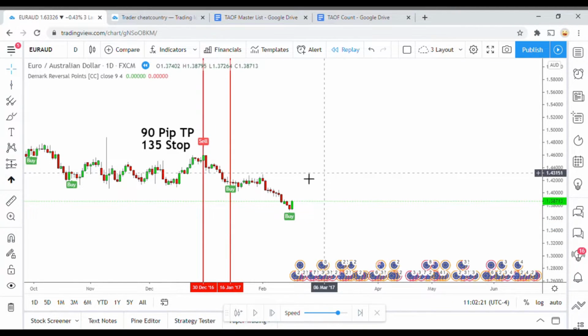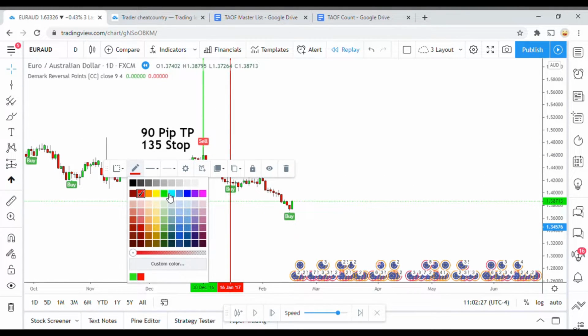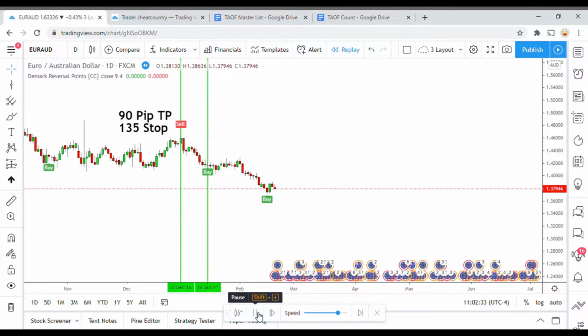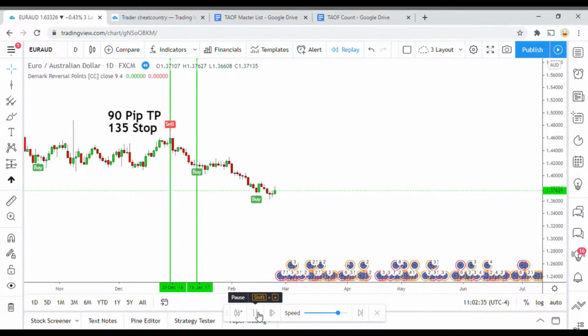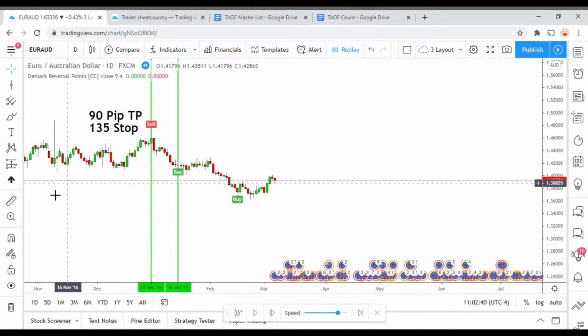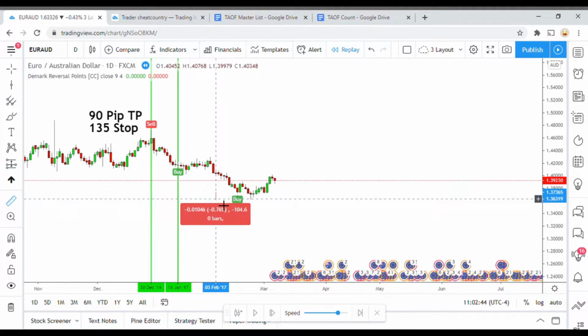So here is the second one right there. Oop, I gotta turn these green. Green, not red. So that one was also a winning trade. Let's see, it's come down here, thrown another buy signal at us. All right, let's see what this one has done.